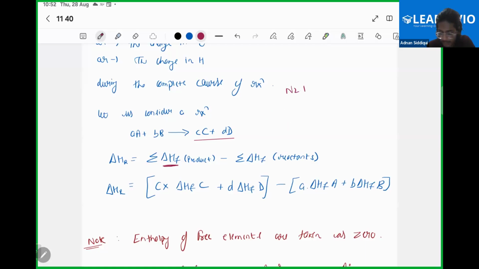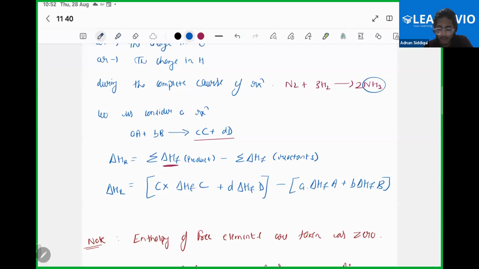Let me tell you. Suppose I am taking this equation. In this chemical reaction, what is product and what is reactant? NH3 is the product, and the ones I have drawn here are reactants. This is the number of moles, and this is your actual molecule.